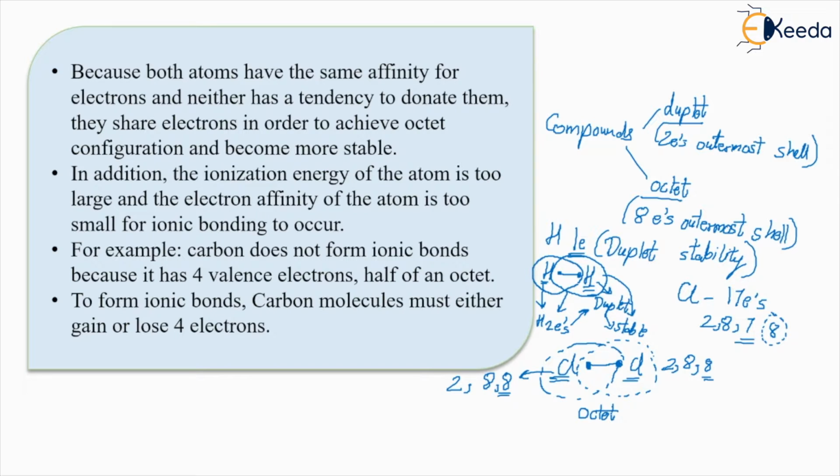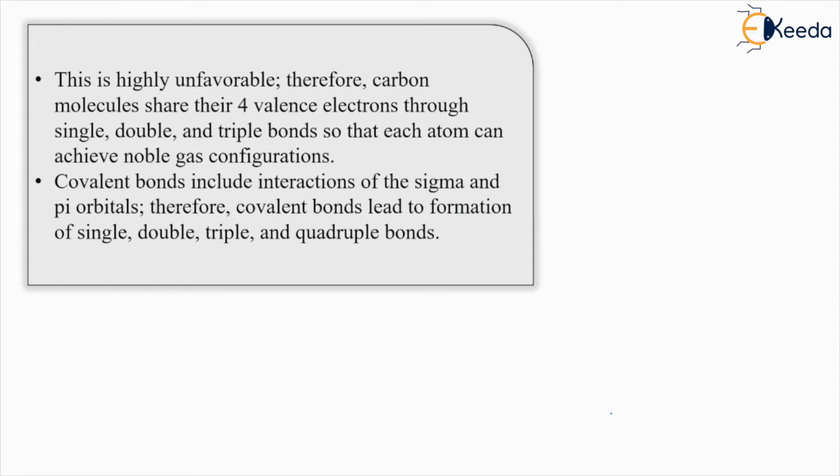That is too much hard work for carbon, to either give away 4 electrons or to gain back 4 electrons. And that is the reason why carbon always opts for covalent bonding. This is highly unfavorable. Therefore, carbon molecules share 4 electrons through single, double or triple bonds so that each atom can achieve a noble gas configuration.